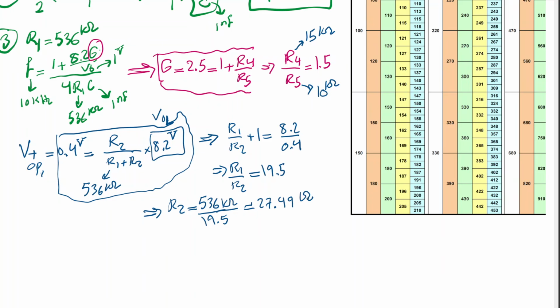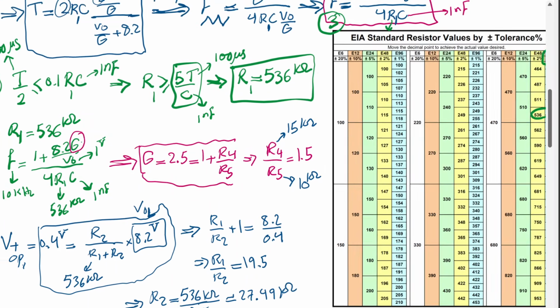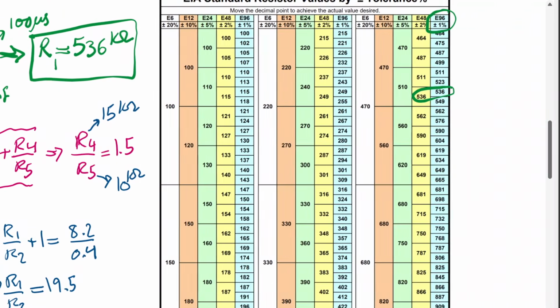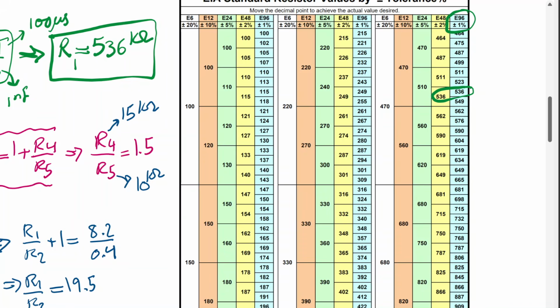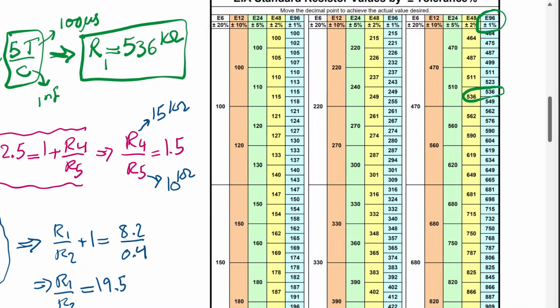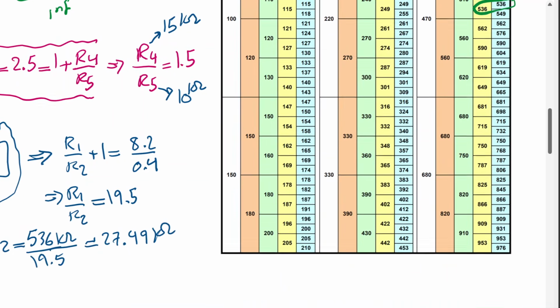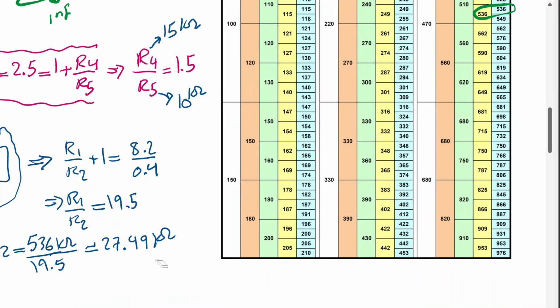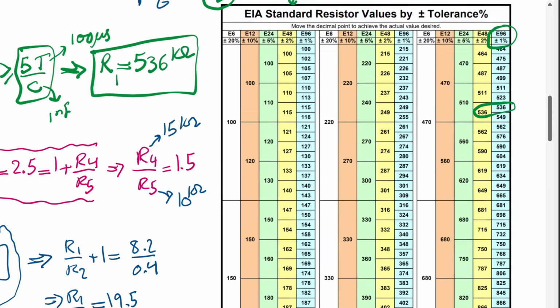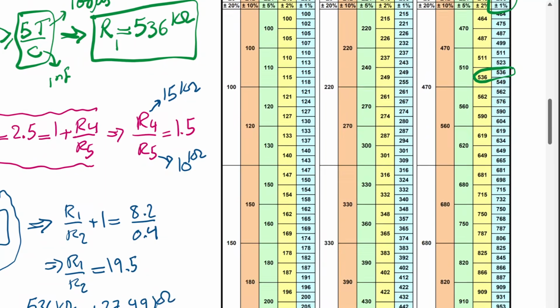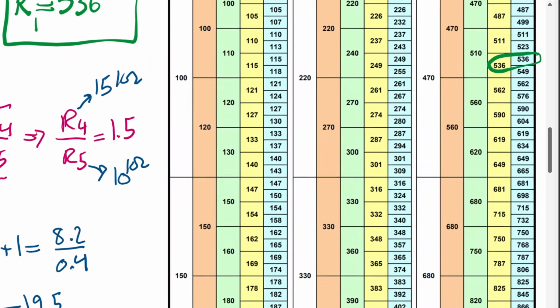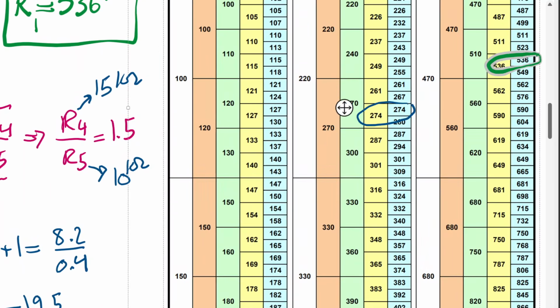27.49 kilo ohm. And one good news is, again, I'm glad I have this table here. This table of standard tolerance, if you go with 1% tolerance for this design, you can see something close to 27.49 is here. And we are lucky, so we have it, actually.